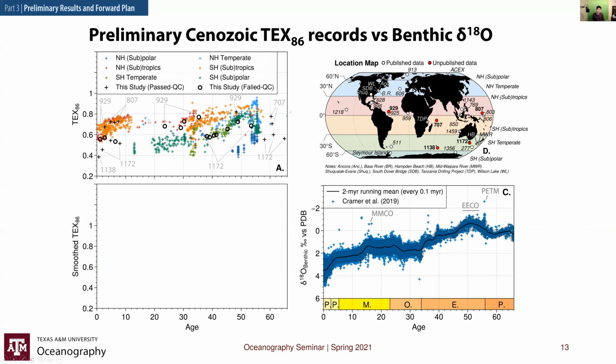So 807, 929, and 1172 are our three main sites that we will use to fill in the gaps of these TEX86 records, right? And that's how we're going to do it.